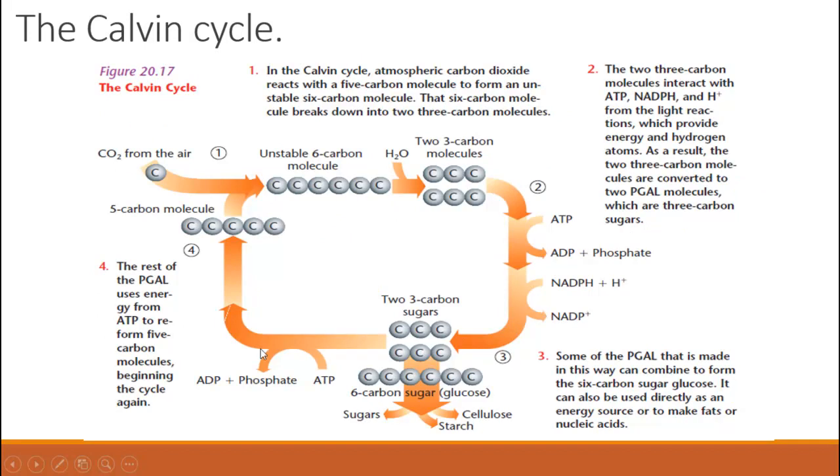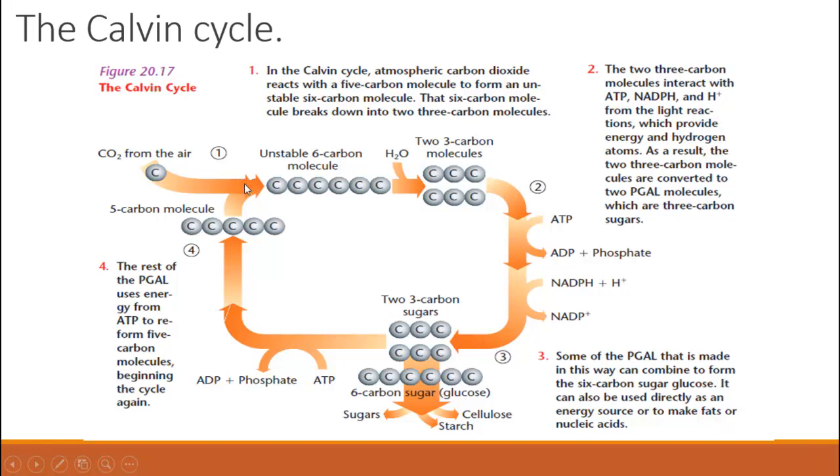Once the light reactions have produced the ATP and the NADPH, the second series of photosynthesis reactions can occur. And the Calvin cycle takes place in the stroma of the chloroplast. It makes use of ATP and NADPH from the light reactions, as well as carbon dioxide taken from the surroundings.